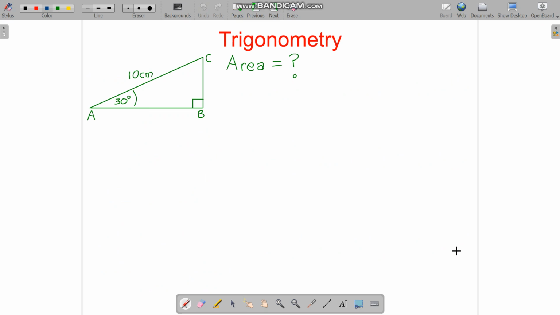If you're looking for this area, we only know the hypotenuse and the angle. We can first use sine and cos to find the base and the height of this triangle.